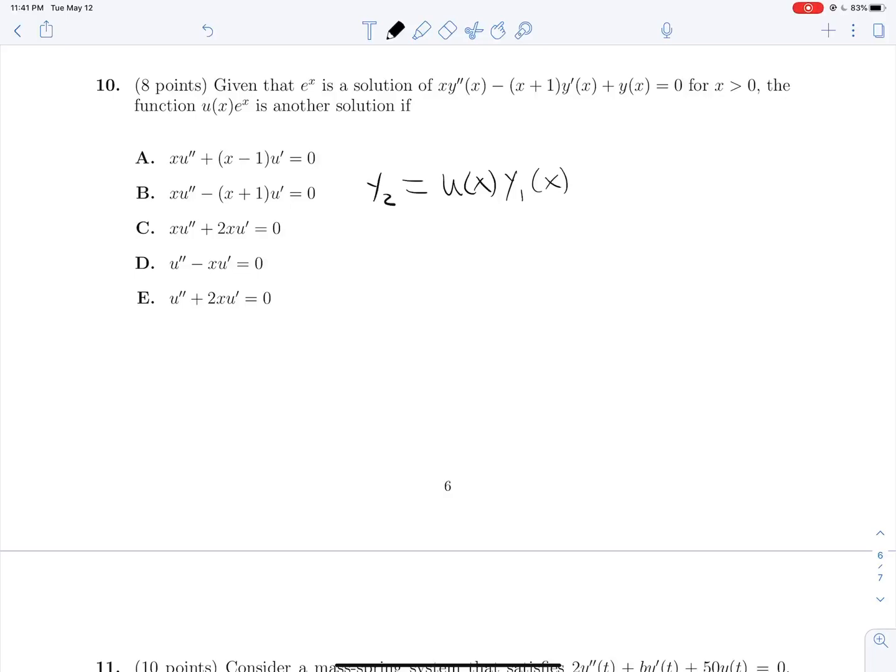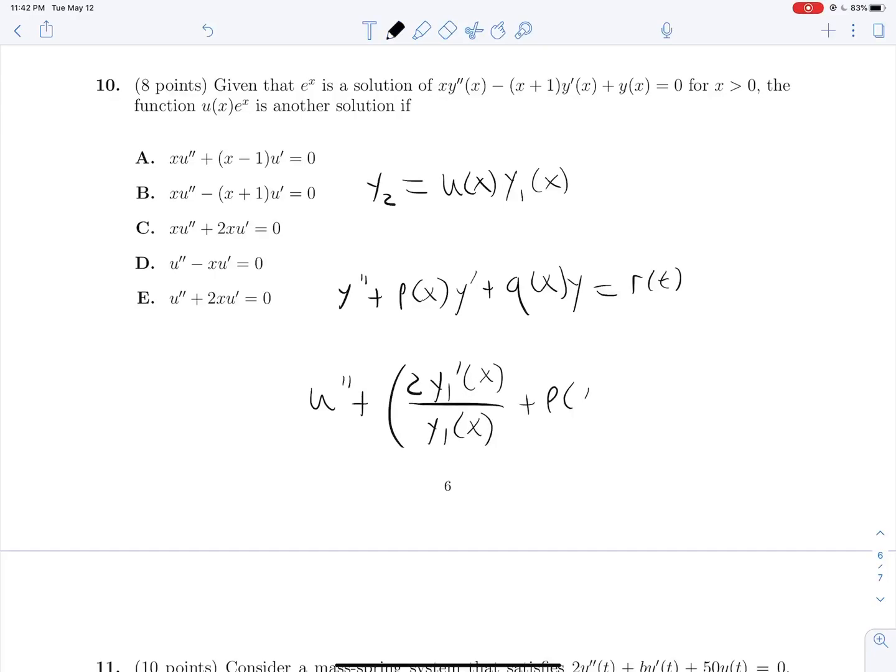So if our equation is of the form y double prime plus p of x times y prime plus q of x times y is equal to r of t, where in our case r of t is just 0 for this homogeneous case, then our solution, and I'll actually leave that r of t in for now, or the substituted form of our solution that is linearized so we can apply integrating factor to it, is u double prime plus 2y1 prime of x over y1 of x plus p of x multiplied by u prime is equal to r of x.